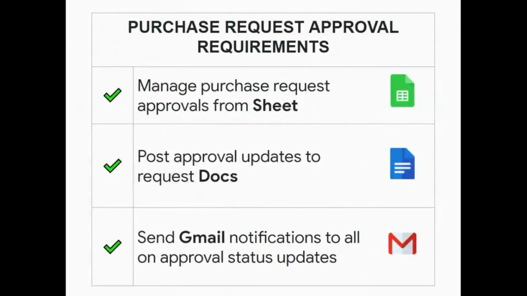So now let's turn our attention to the request approval process and some of the requirements that we would have there. All of these requests are funneling in now to your Google Sheet where you'll have the ability to see all of the requests coming in.